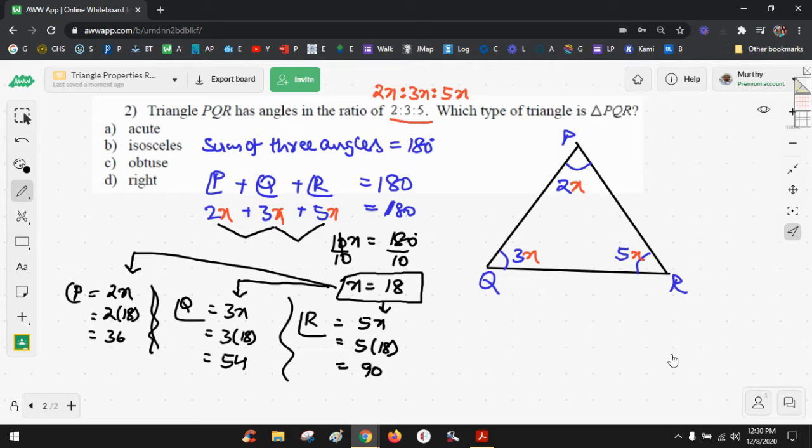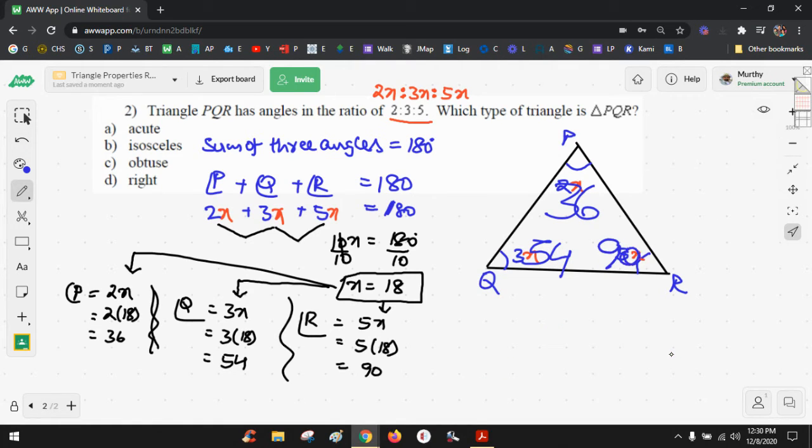So instead of 2, 3, and 4, if I take 36 degrees, which I am taking from here, and 54 degrees, that is the Q value, and this one is 90 degrees.